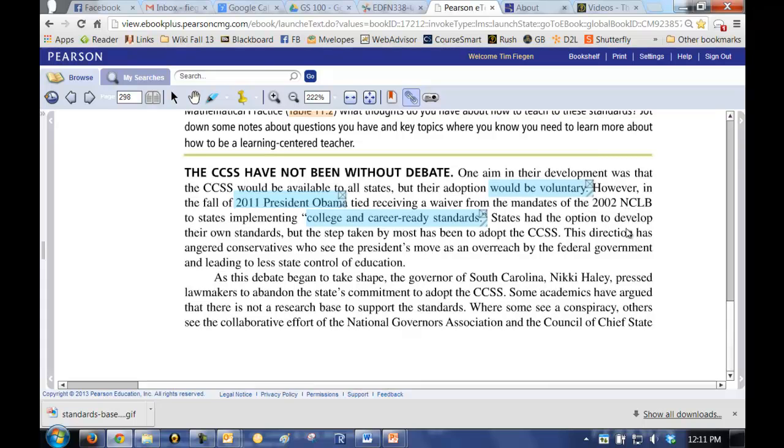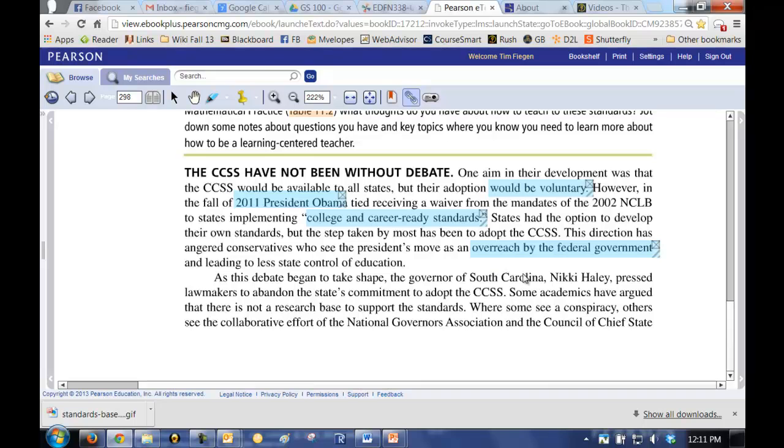Another overreach by the federal government in 2002. States had the option to develop this. This direction angered conservatives who see the president's move as an overreach. Why is that an overreach by the federal government? Because if you're a constitution-based government, there is absolutely no mention of education, and now they are taking over. This now gives them authority over what is to be taught and learned in the schools.